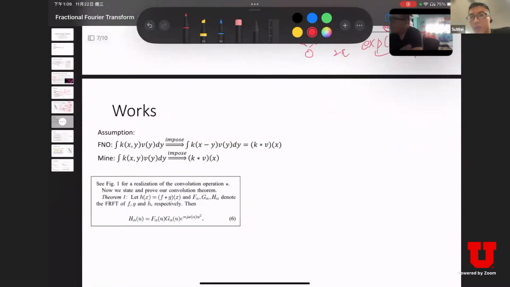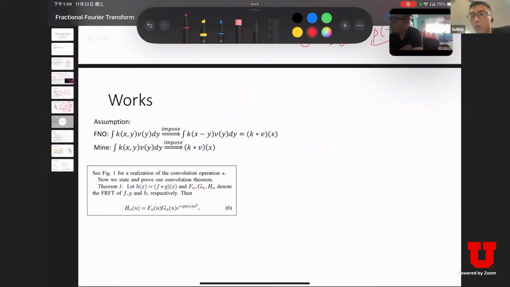So in the FNO, they impose the kernel function as low rank, which can turn into the convolution form. And I'm thinking, they are right, but the convolution form is not as simple as the Fourier transform form.